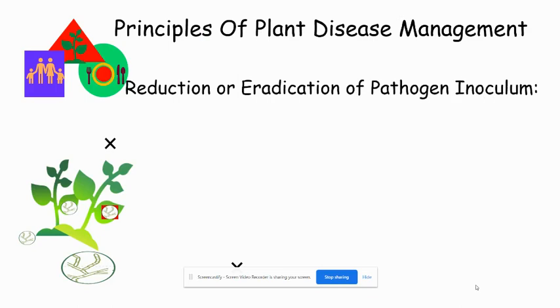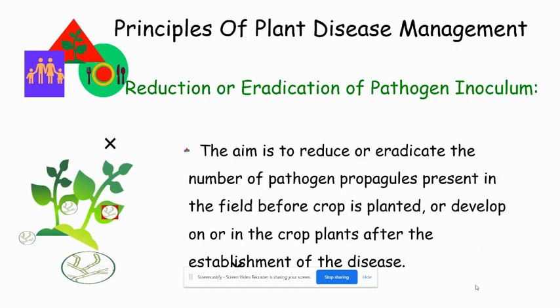The next principle is the reduction or eradication of pathogen inoculum. This aims to reduce or eradicate the number of pathogen propagules present in the field before crop is planted or which develop on or in the crop plants after the disease has established.